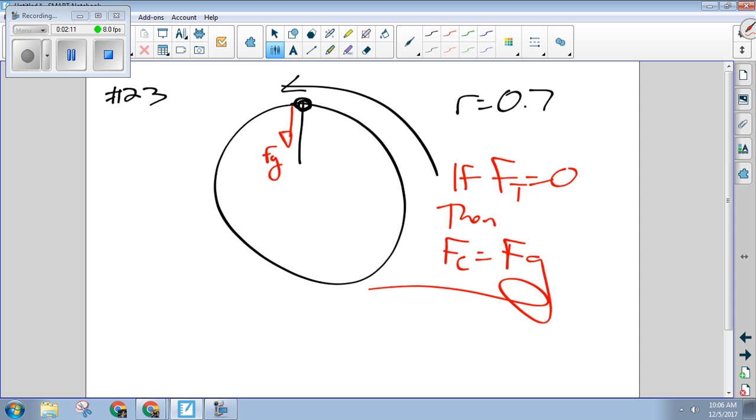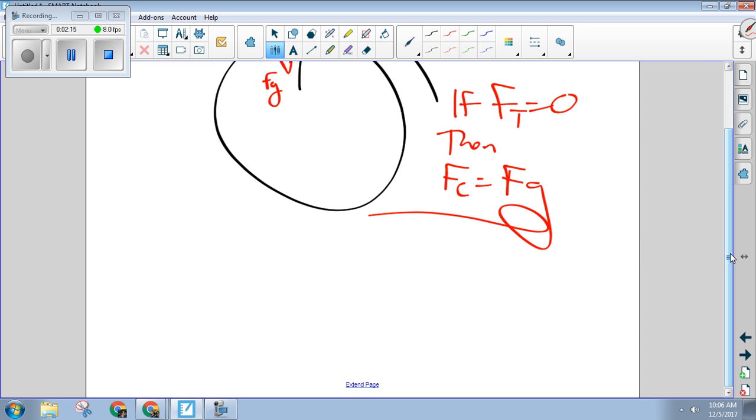Okay, so, if that's true, then look what happens. Centripetal force is mv squared over r, right? And force of gravity is mg, right? And what happens? The m's cancel. So basically what we're saying is our centripetal acceleration, v squared over r, has got to be g.